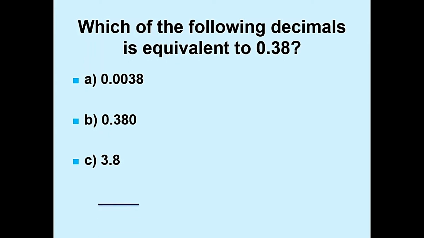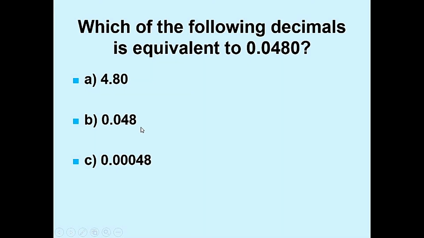It's letter B. Here, you can add 0 to make it equivalent to letter B. Next, which of the following decimals is equivalent to 0.048? It's still B, because we can add 0 here to make it equivalent to 0.0480.